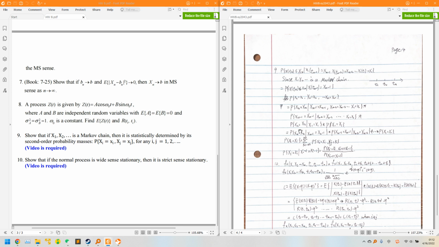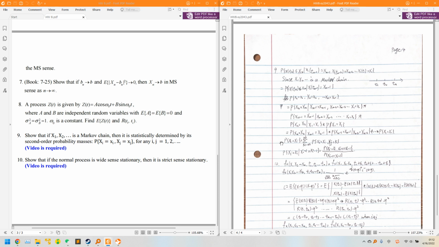So we can continue writing this equation in this form, which is the probability of Xn equals xn when Xn-1 equals xn-1, times the probability of Xn-1 equals xn-1 when Xn-2 equals xn-2, and continue to X1 equals x1.